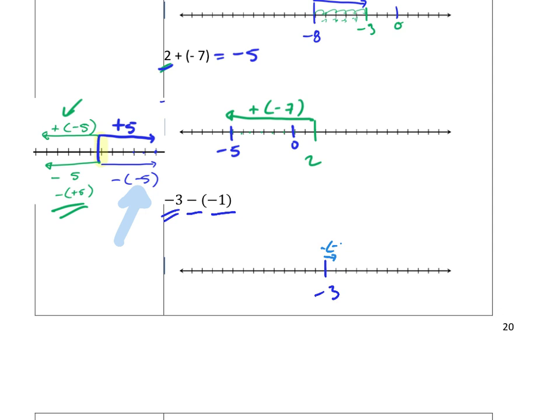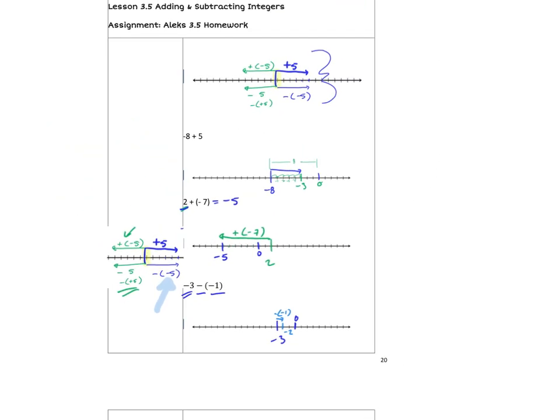This is minus -1. I'm going to land at -2, because 0, remember, is over here, 3 away from -3, because the absolute value of -3 is 3. Okay?